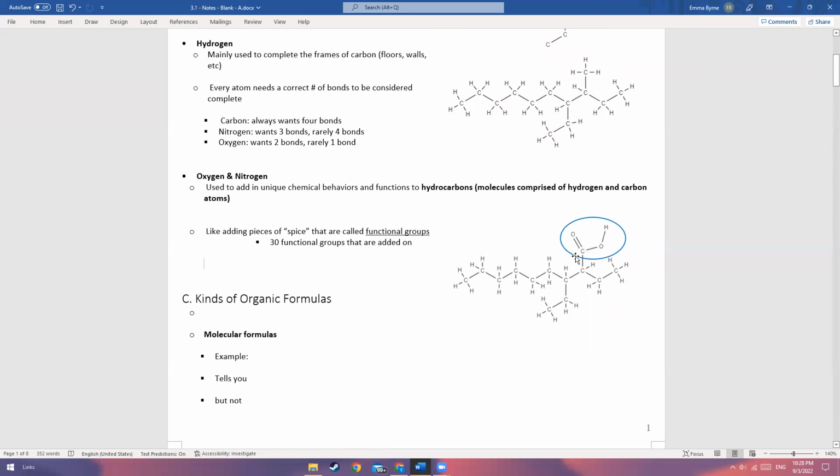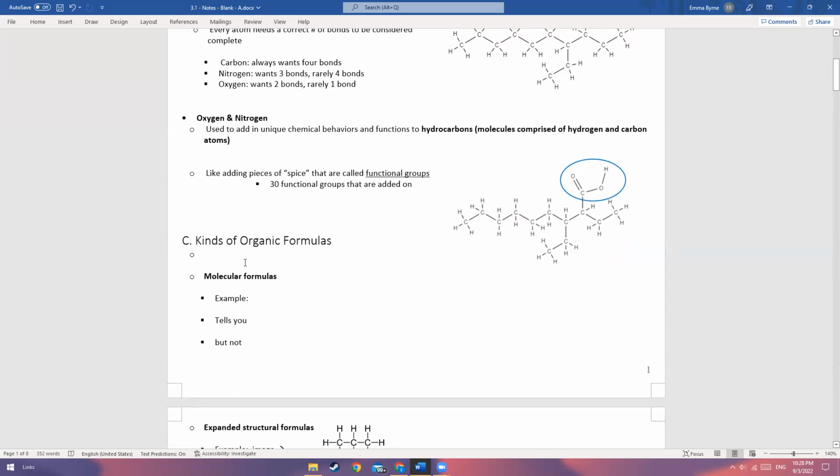Because it would end up being quite a pain to draw all these atoms and especially all the hydrogens. It's a huge pain to write down. There are actually different ways to represent organic formulas, so you don't necessarily have to draw this out in this way each time.